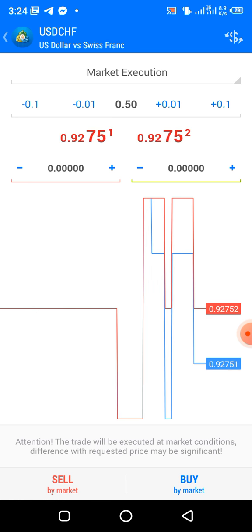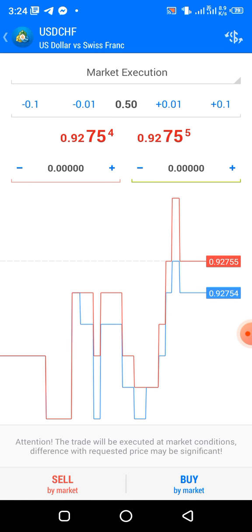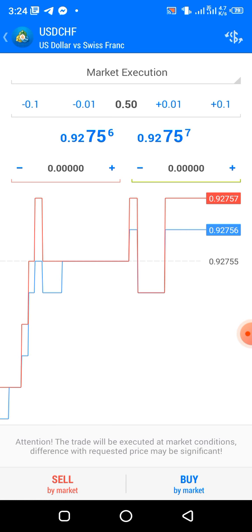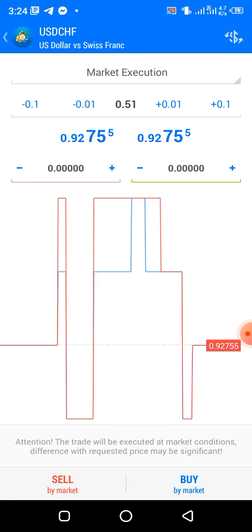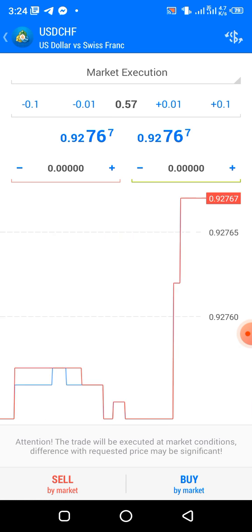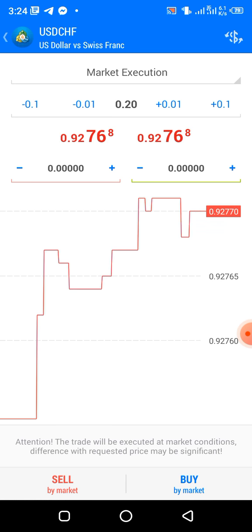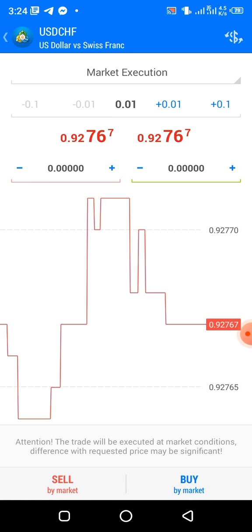You can start with a standard lot, which is 1.00. You can start with a mini lot or micro lot. So clicking on any of these will be adding some figures to your lot size, and clicking on the other side will be subtracting from it down to the minimum lot size.